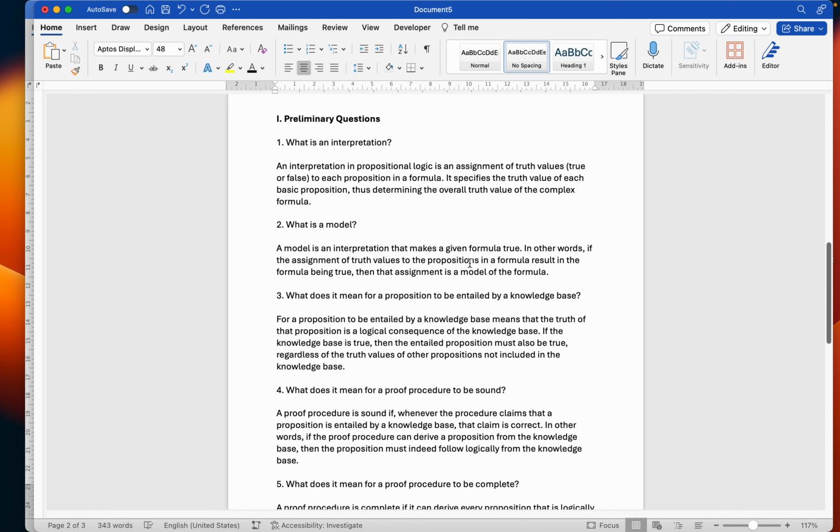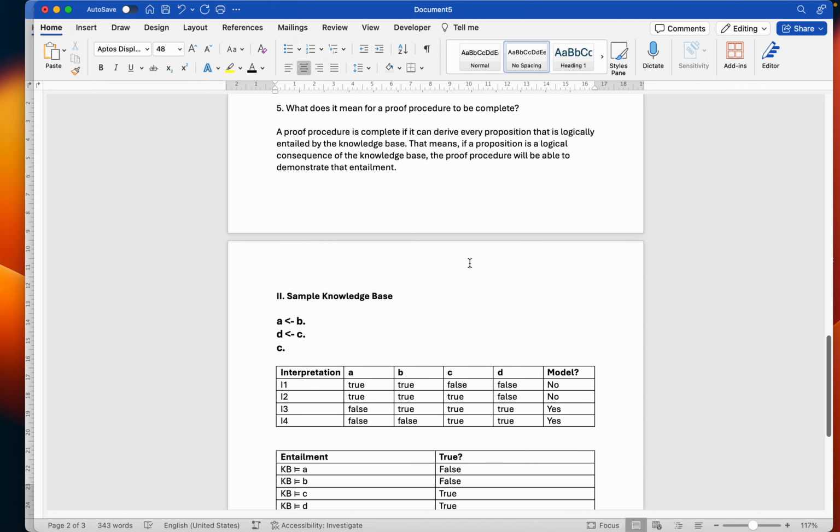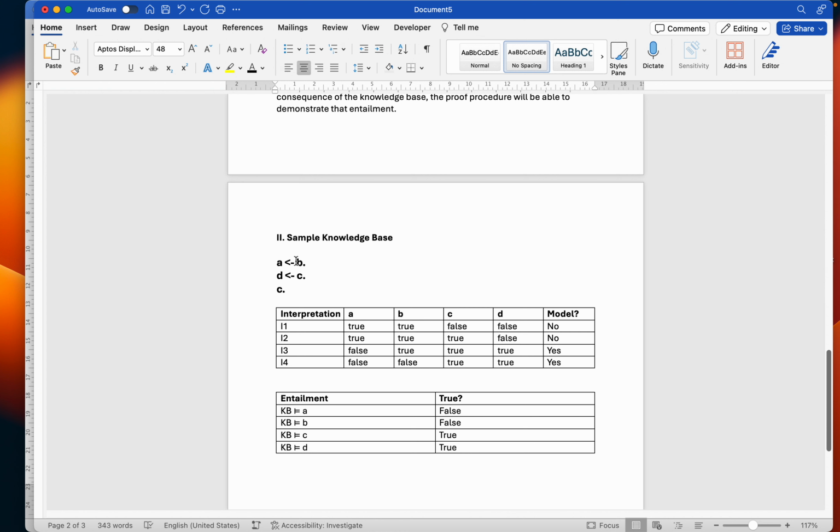So it contains all the different ideas, we could say, that are formed on the basis of the things that we are provided with. So in the second question, we could say we have given some examples.